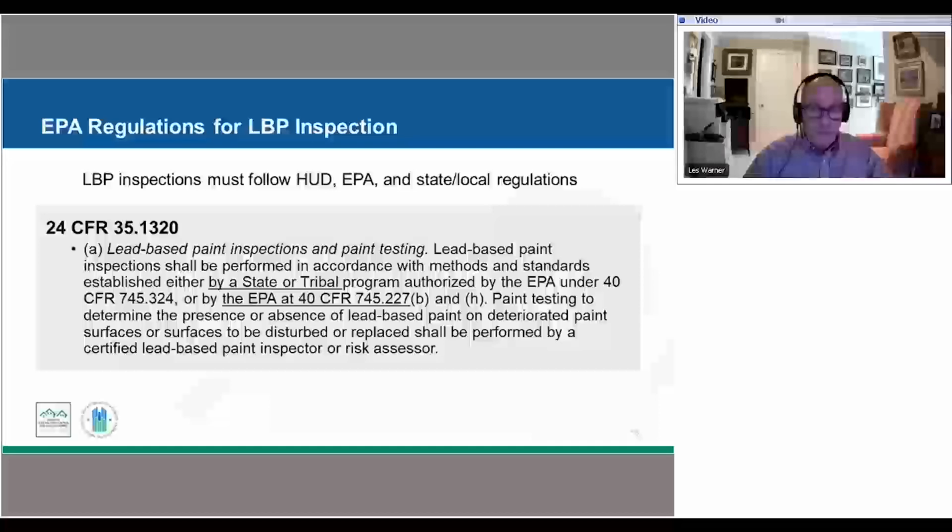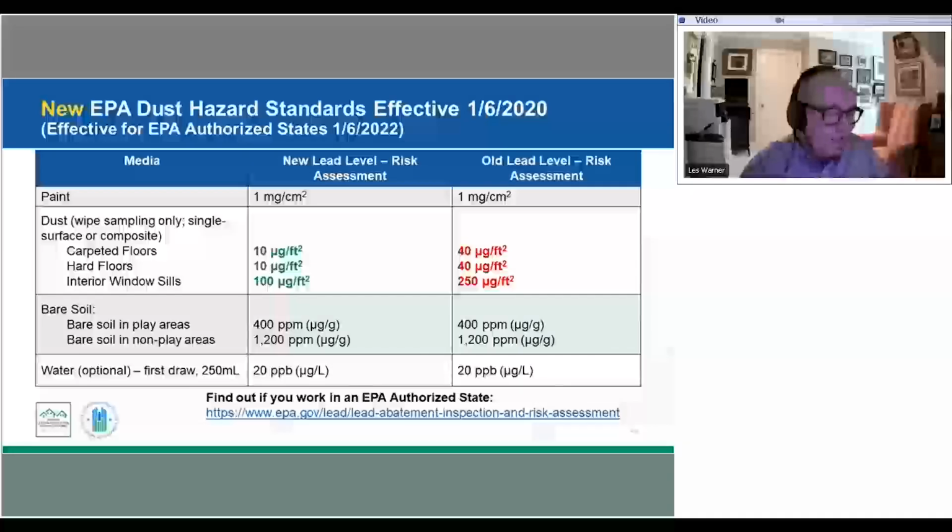There is also information at the EPA's 40 CFR 745.227, which lays out the protocol for our surface-by-surface inspection being completed by that certified lead-based paint inspector or risk assessor. It's good to know the regulatory reference on this.